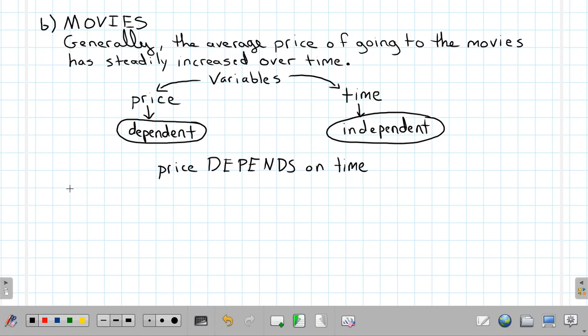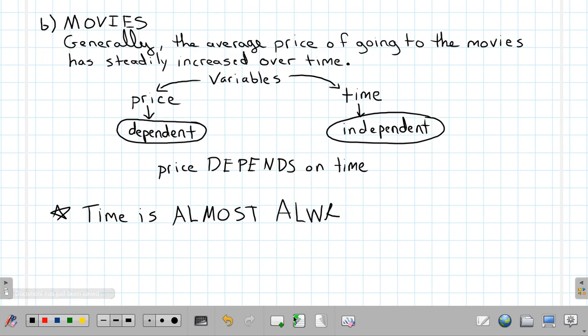So one big thing, though, with this example, and I'm glad they gave this as an example, is in general, okay, now there are situations where this isn't the case. This is why I'm wording this very carefully here, okay? Time is almost always the independent variable.